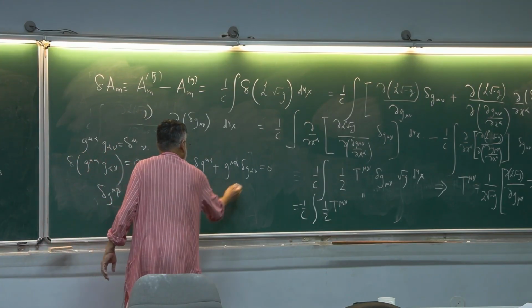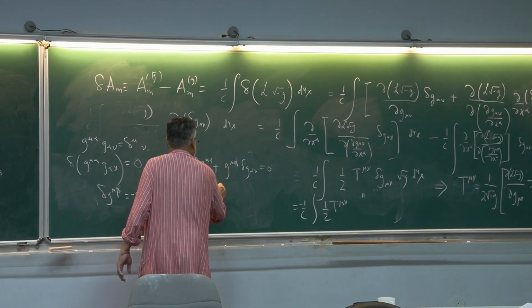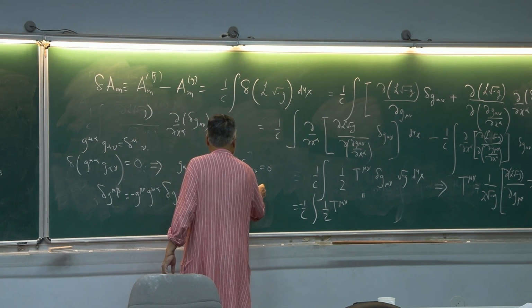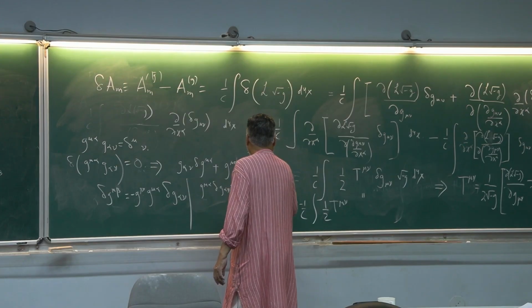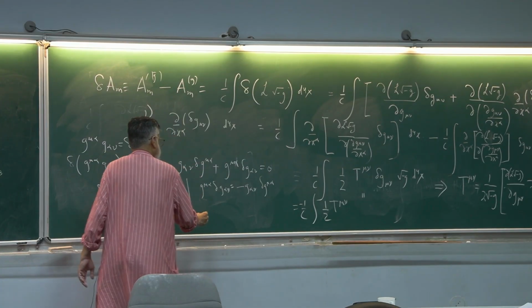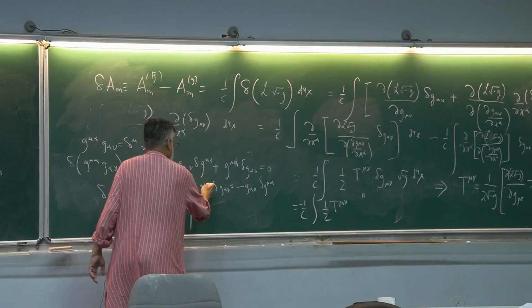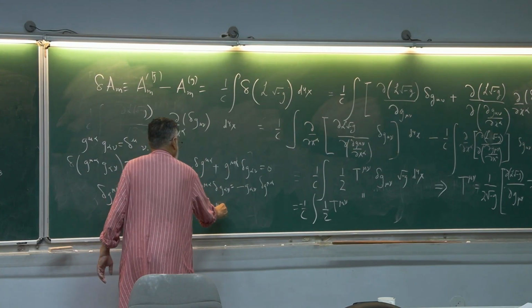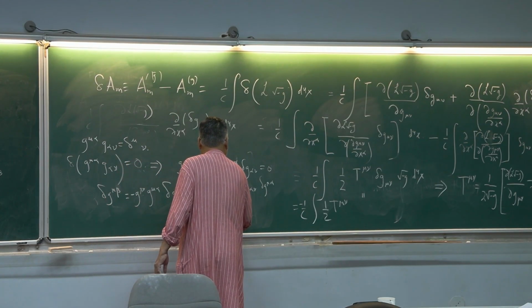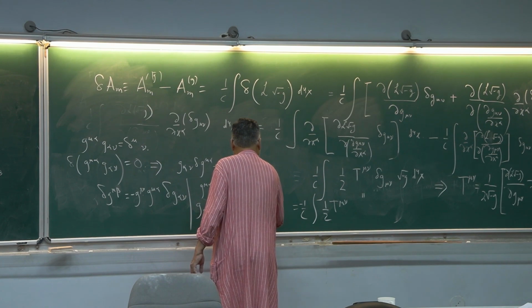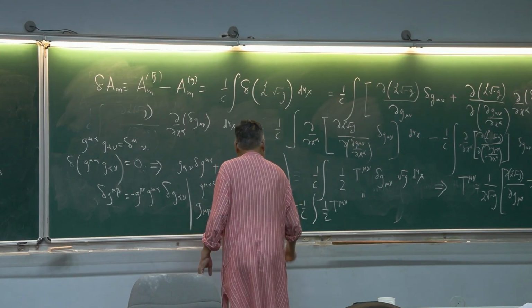From here I would have got g mu alpha delta g alpha nu is minus g alpha nu delta g mu alpha, and therefore by multiplying all that, you get the gist.